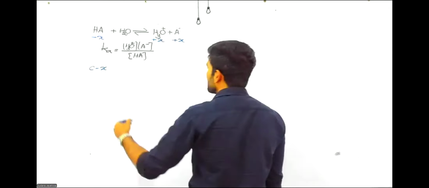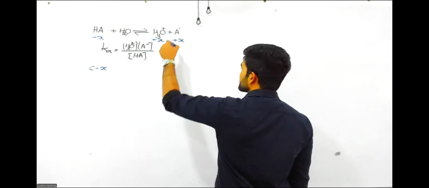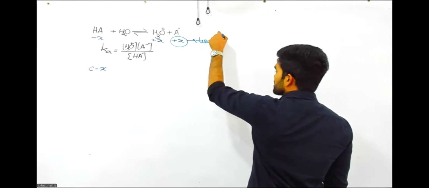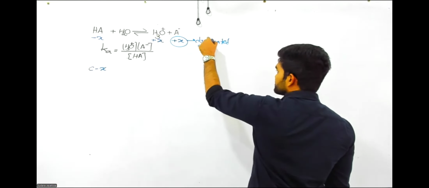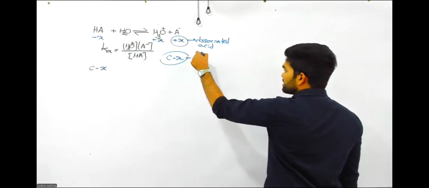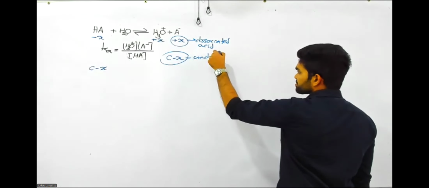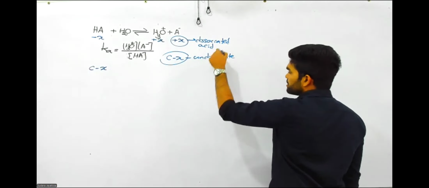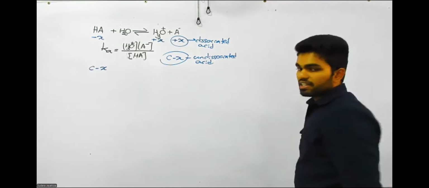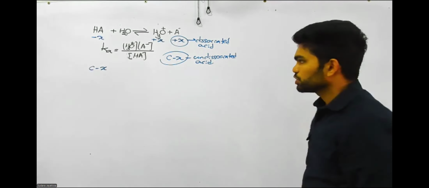So the amount of acid dissociated is x, and c minus x is the undissociated concentration of acid. Is that clear? Those two.